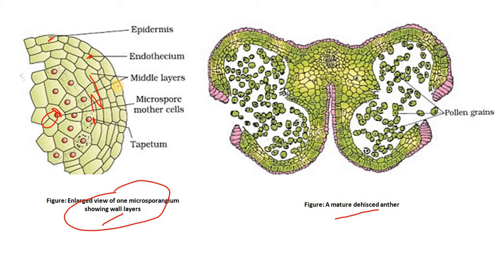These are situated just below the endothecium, and the endothecium is the layer inner to the epidermis. The epidermis is the protective outermost single layer. The endothecium develops fibrous thickenings, and the epidermis is also designated as the exothecium.